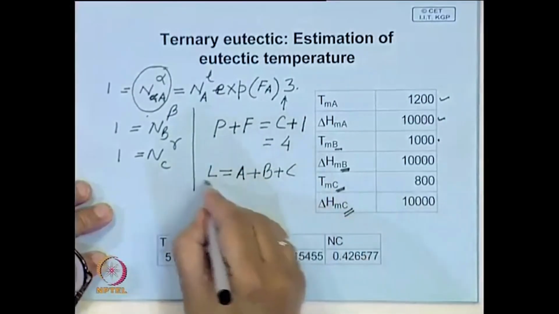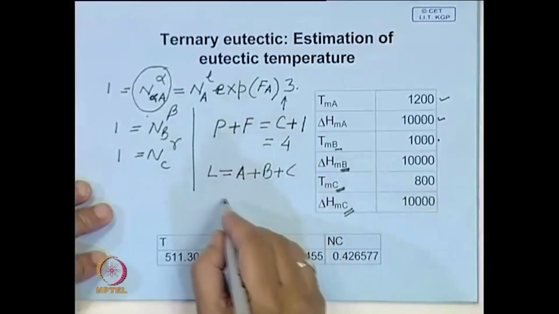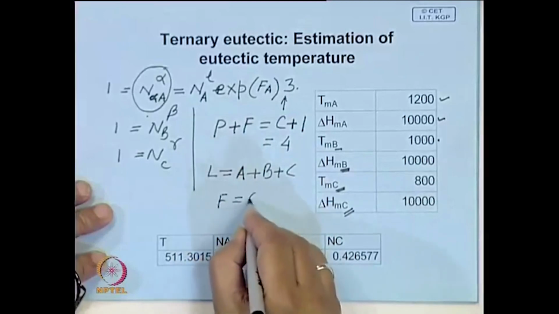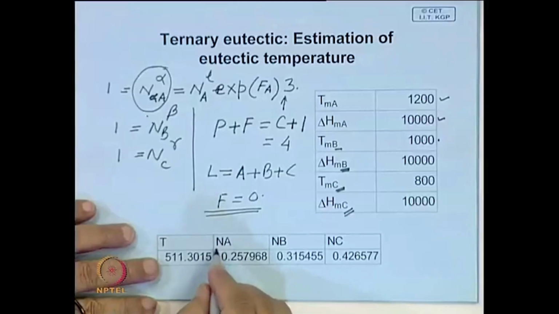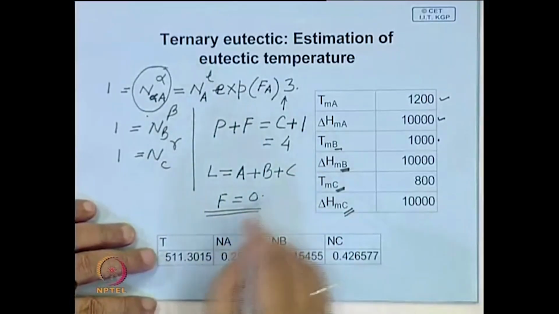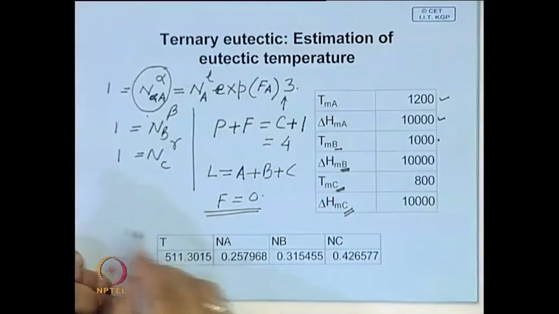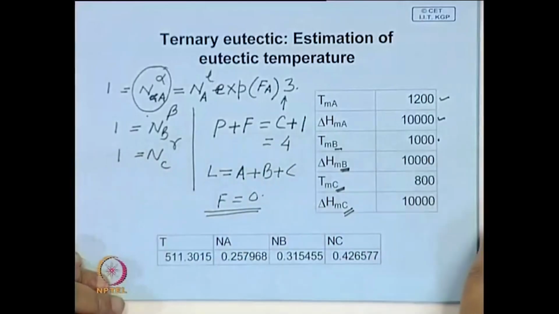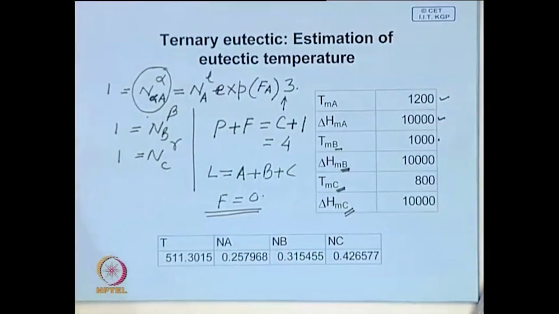So, you have a situation where 4 phases are coexisting. Therefore, degree of freedom equals 0. That means this can happen only if the temperature is fixed, and therefore it should be possible in principle to calculate the temperature, and this is what is shown over here.